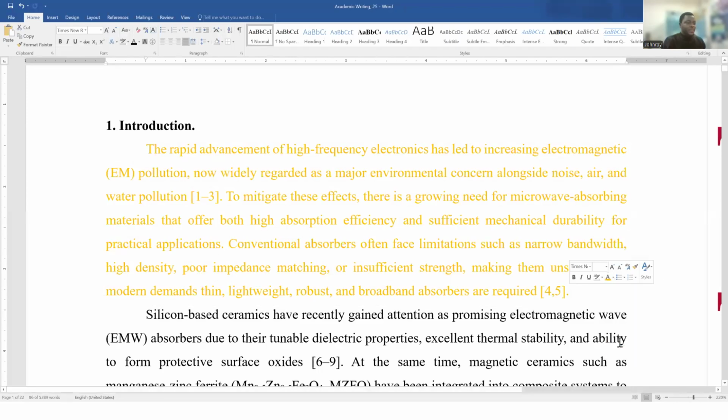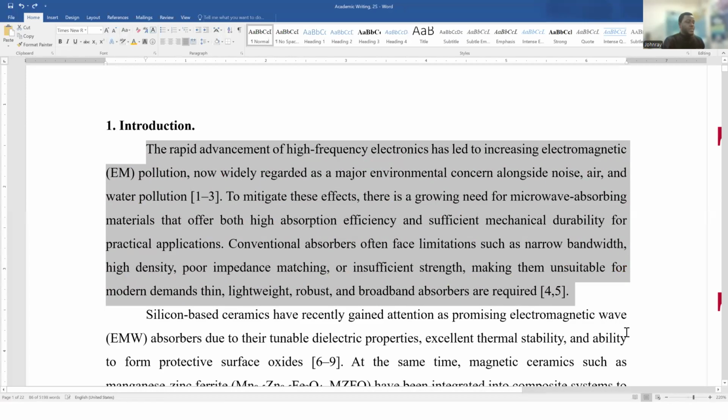The rapid advancement of high-frequency electronics has led to increasing electromagnetic pollution, now widely regarded as a major environmental concern alongside noise, air and water pollution. To mitigate these effects, there's a growing need for microwave absorbing materials that offer both high absorption efficiency and sufficient mechanical durability for practical applications.